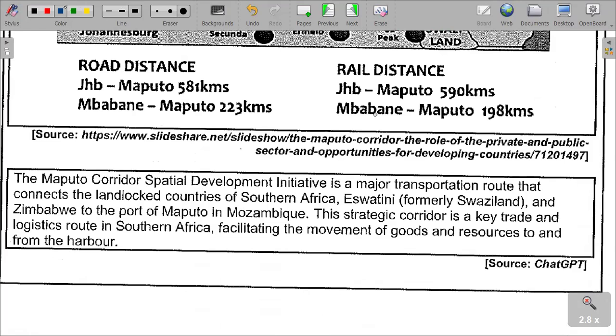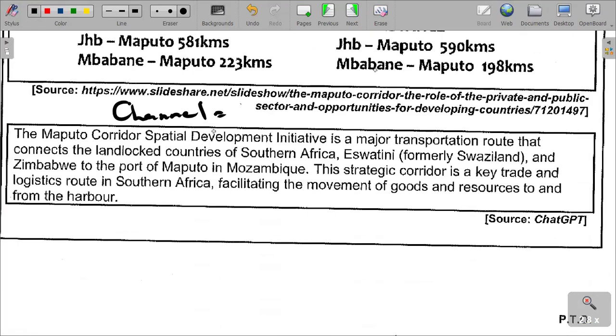Class, this is well explained on the channel again, the spatial development initiatives and the industrial development zones. Check it again, there is a video of that on the channel.